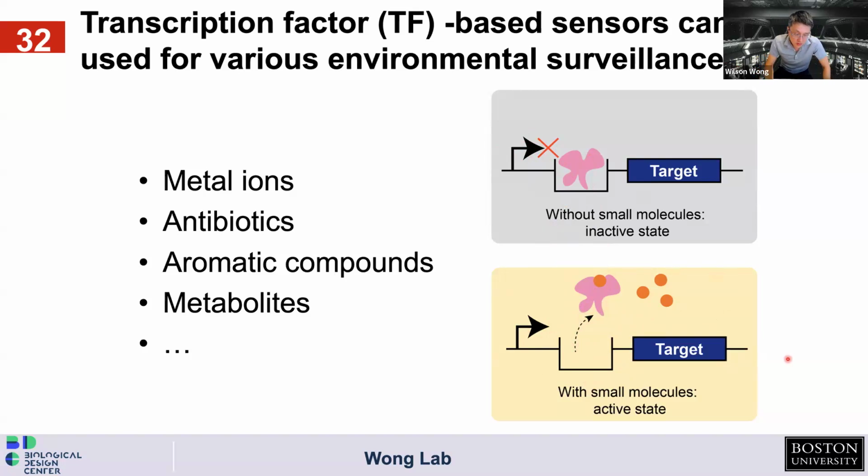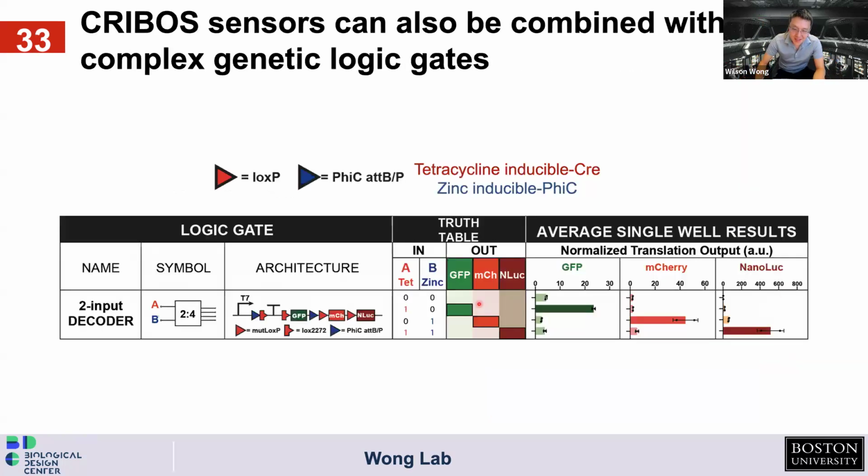If you're curious, we tried really hard to use these split dimerization systems in cell-free. It does not work. I don't know why. There's a lot of things I don't understand in cell-free. So again, it's quite humbling. So we end up using two systems. We screened a few.